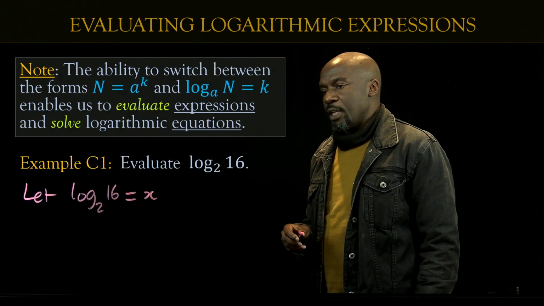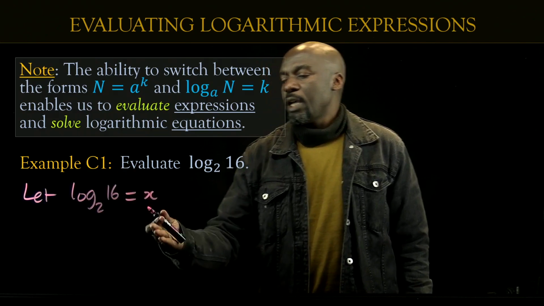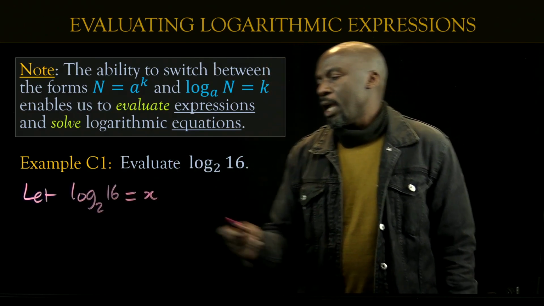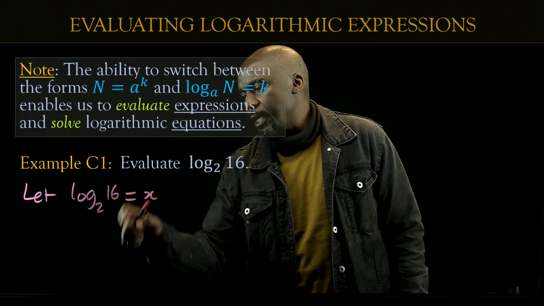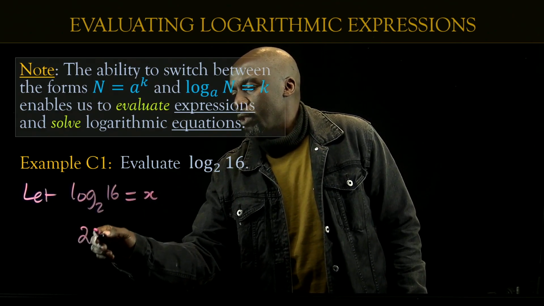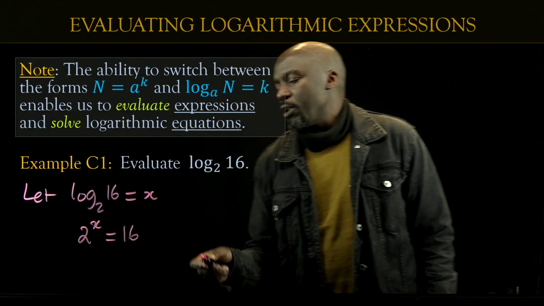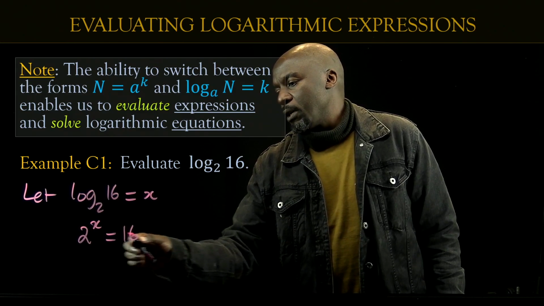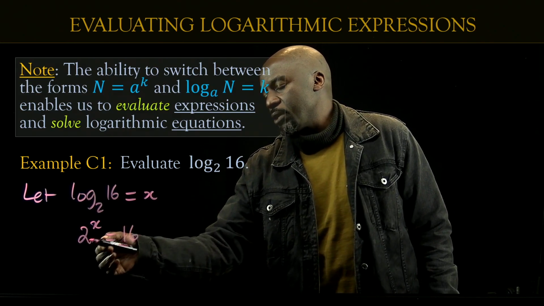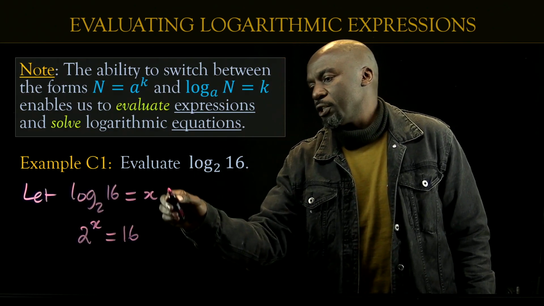If we let that be the case, then the next thing is to convert from this logarithmic form into exponential notation. We know that 2 to the power of x is 16. Now we can express 16 as 2 to the power of 4. We need to have the same base on both sides, as we've done in exponential equations.